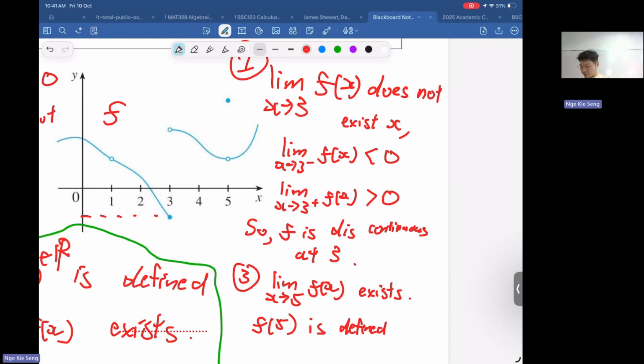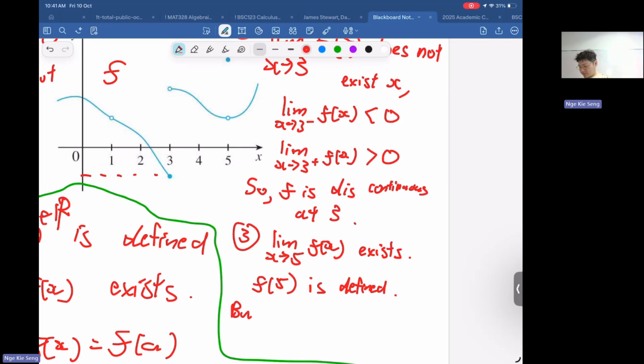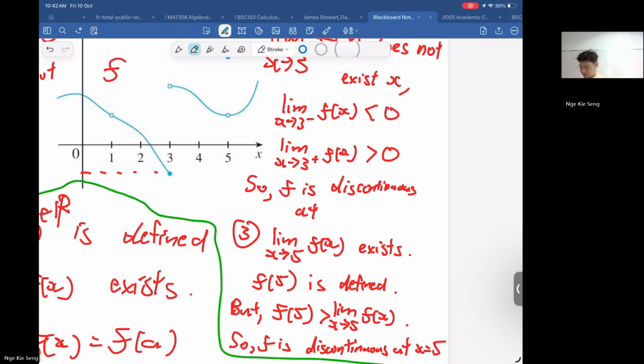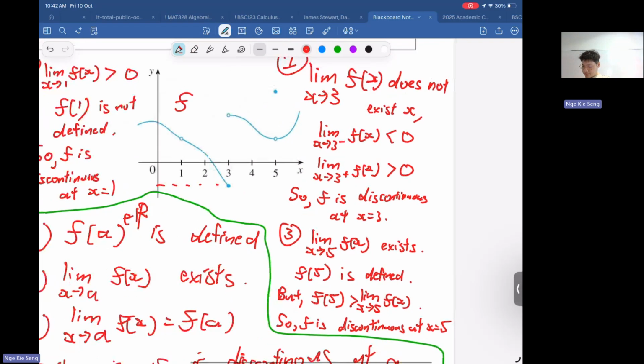No, they are not equal, because f(5) is greater than the limit of f(x) as x goes to 5. So f is discontinuous at x equals 5.